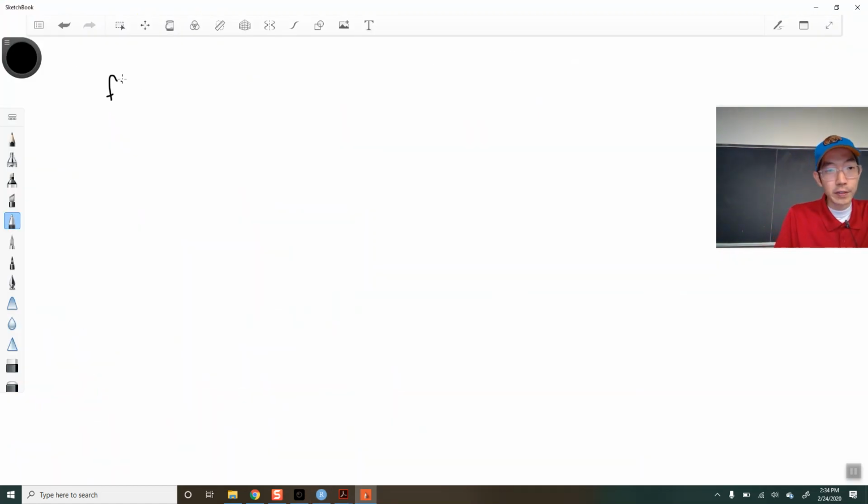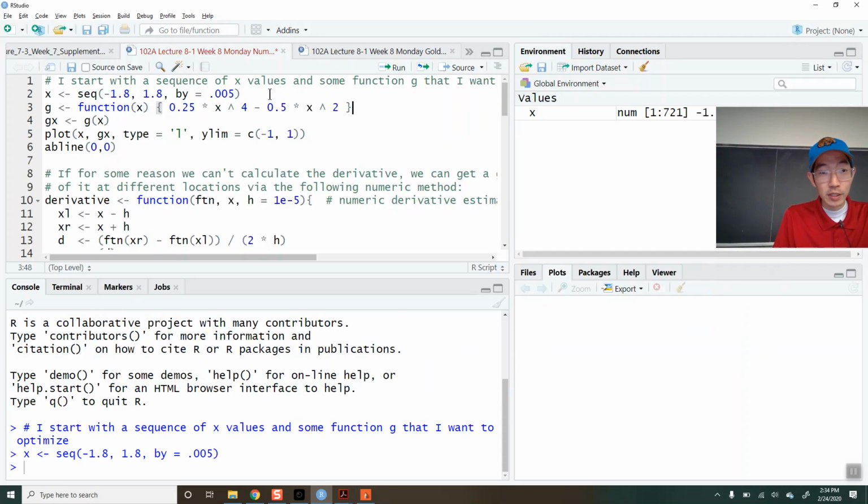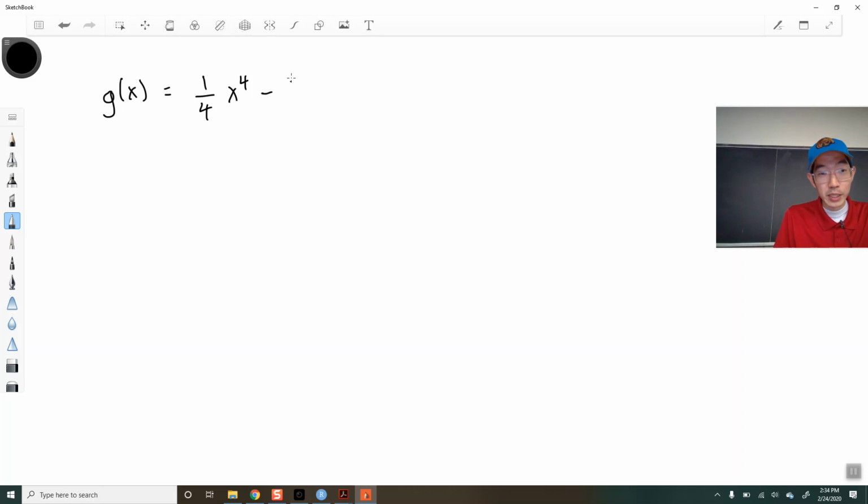So I have f of x. Oh, I called it g of x. Sorry, I hope the change of letters doesn't confuse you. g of x is, I think, 1/4 x to the fourth minus 1/2 x squared.